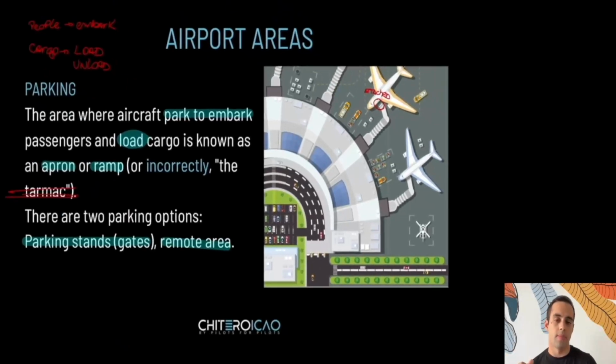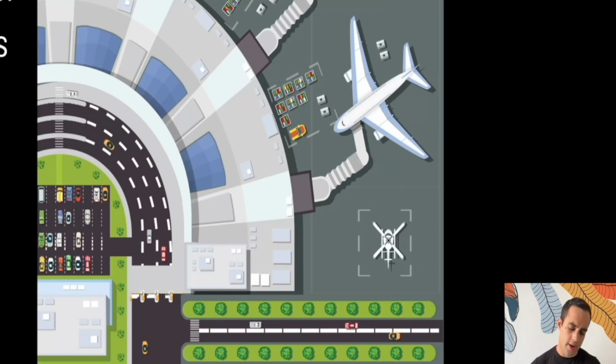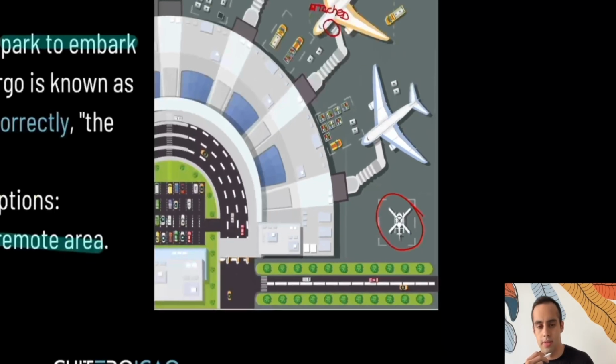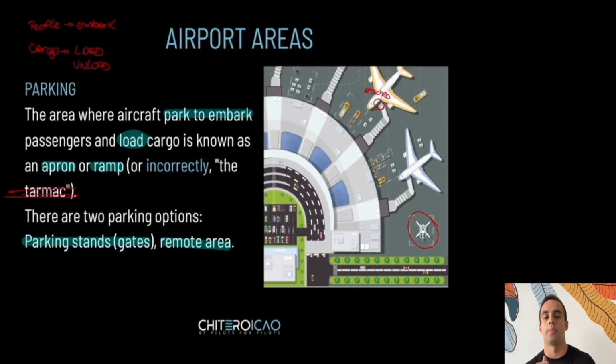Or we can have them in a remote position. I don't have anyone here, and we can have the helicopter here in the helipad. It's a four-bladed rotor helicopter. And this is the terminal. So the passengers are here in the terminal. They access the aircraft through the gates. The jet bridge normally connects the gate to the aircraft, and the aircraft is parked in a parking stand.